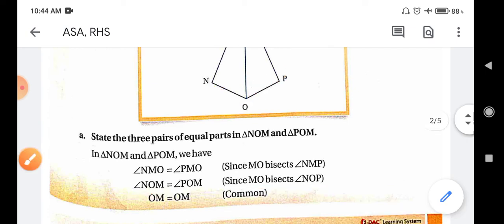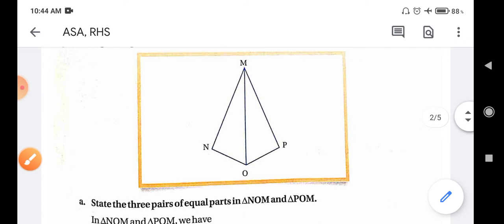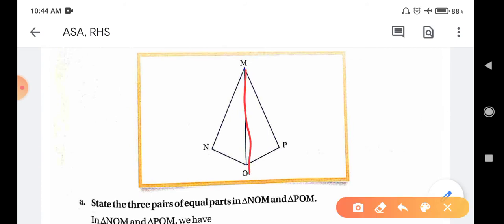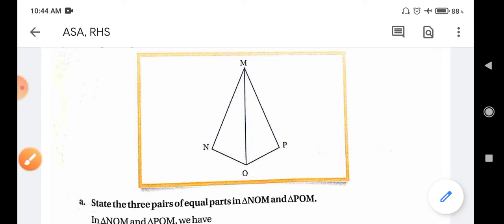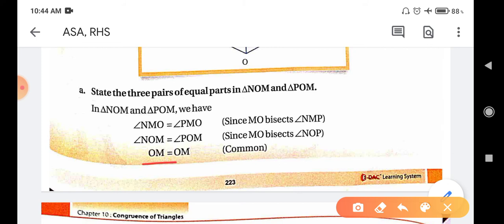So these are two conditions, and the third condition is that MO is common in both the triangles, so MO is equal to MO, or we can also say OM is equal to OM, that is the common side. Okay, so these are the three pairs of equal parts.